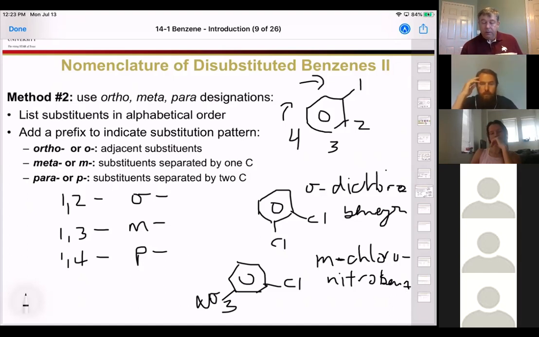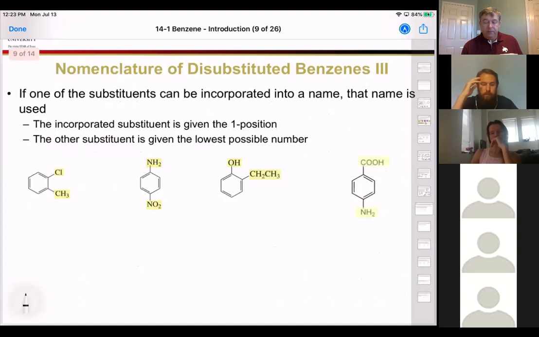Okay, so going on with nomenclature of benzenes. Now, if you have a substituent that changes the name, for example, that methyl group on a benzene changes benzene into toluene, okay? If you have something that has changed that name, that becomes your number one position always, and all other substituents are based upon that.